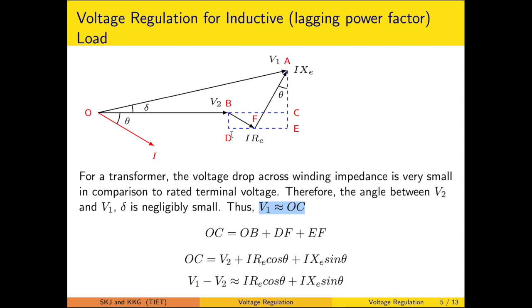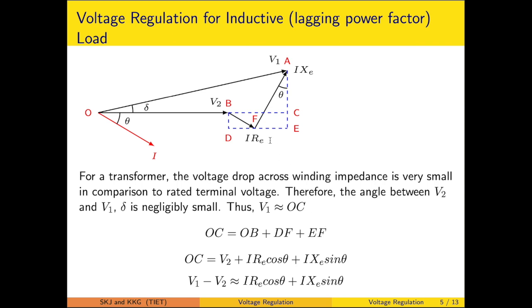So OC will be equal to OB plus BC. BC is exactly equal to DE, so that will be equal to OB plus DE, and that is defined as OB plus DF plus FE.